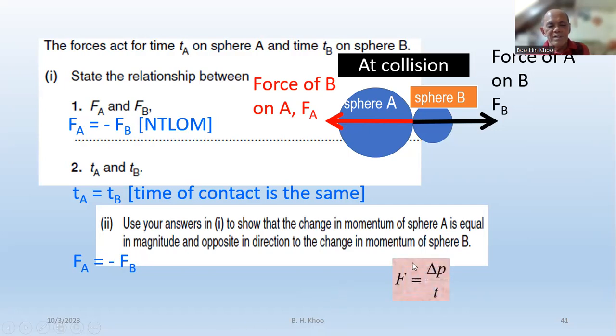Right? Remember our Newton's second law, change in momentum over time is equal to force. So replace that. Right? Change in momentum is force times time. So Fa times Ta. Right? From here, we just multiply by time. Time is the same.